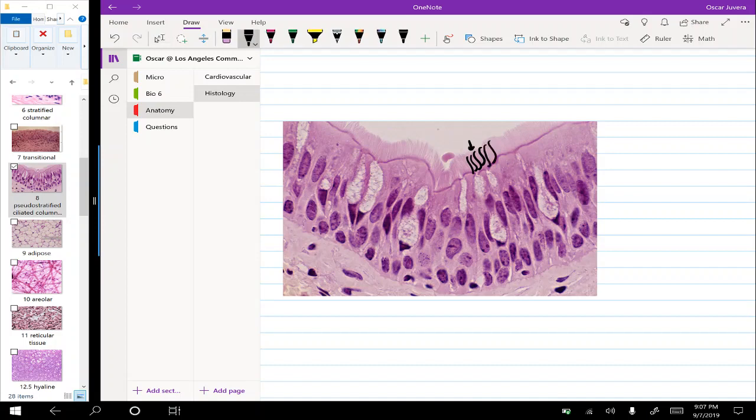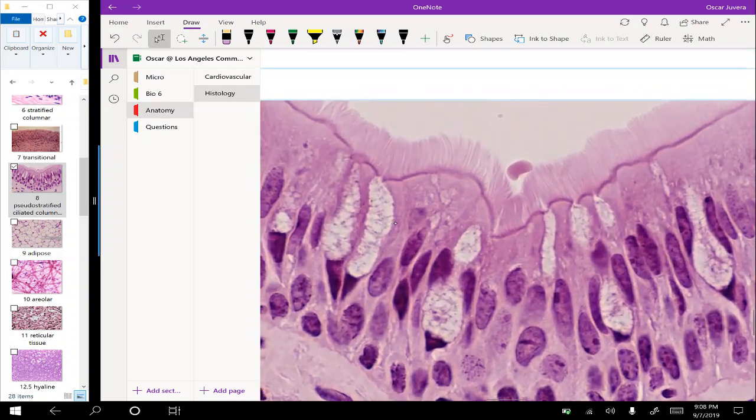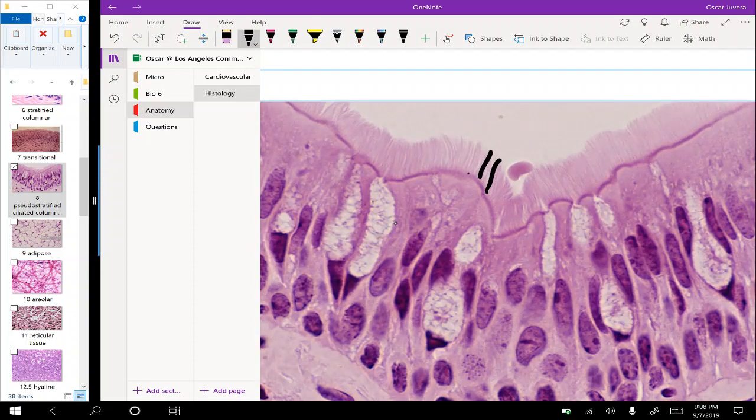The main difference between cilia versus microvilli. Microvilli is shorter and more abundant, meaning that there's more of it. And cilia is longer and less abundant, meaning that there's not as many. And if we take a look, that cilia looks like hair.